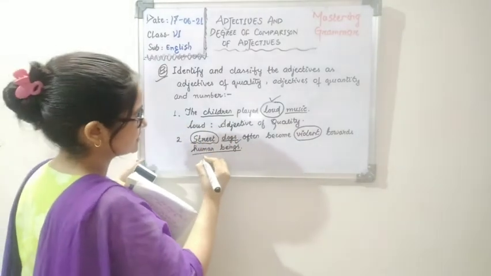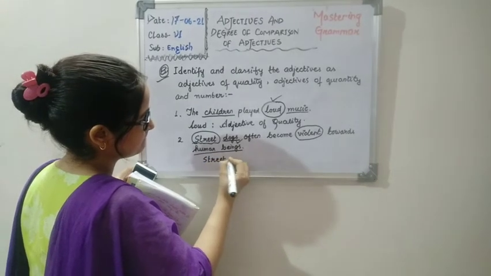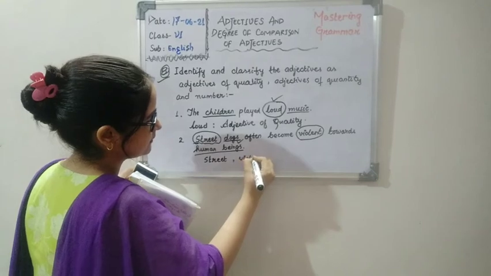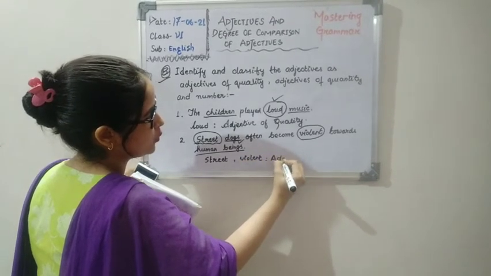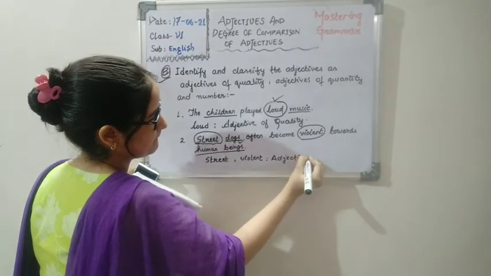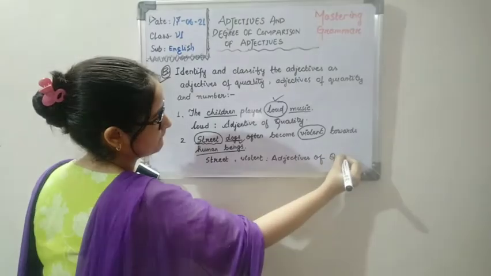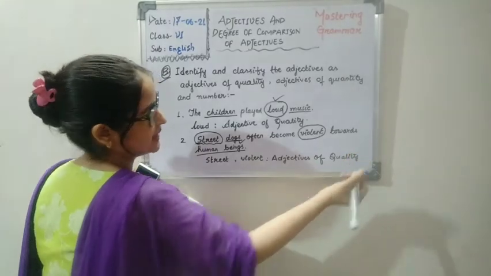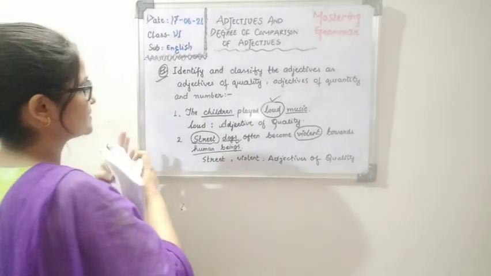So street and violent, both are adjectives of quality. Now moving to the next one, third.